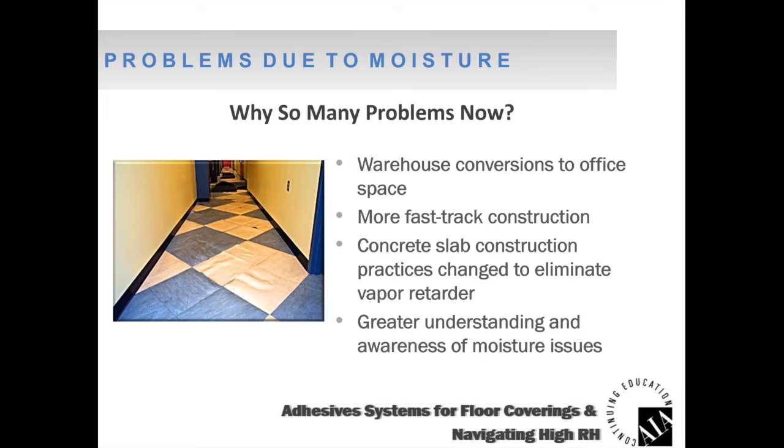And then finally, the whole industry has a greater understanding and awareness of moisture issues. You go back 30, 40 years, it could have been a moisture problem, but everybody was pretty much looking at the failure saying, installer must have screwed up in some capacity. We all have a better understanding and are able to identify problems due to moisture.